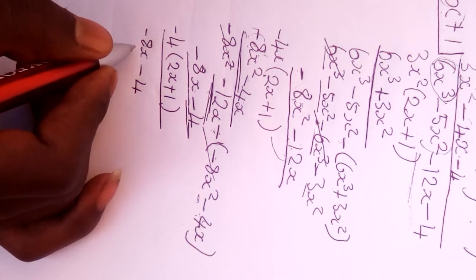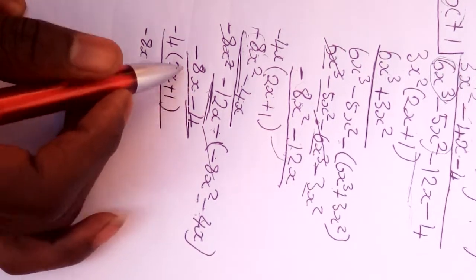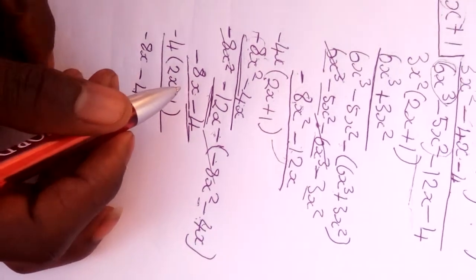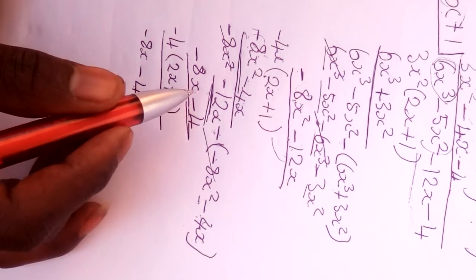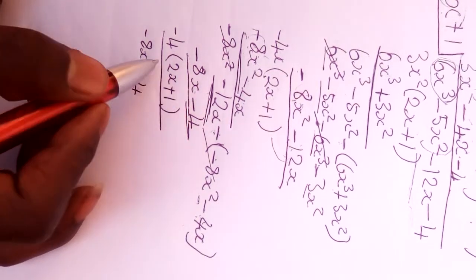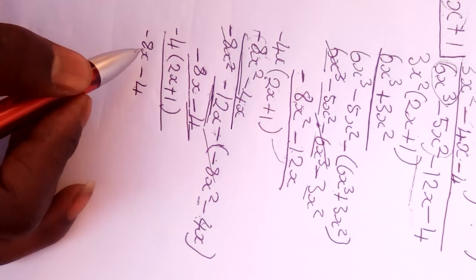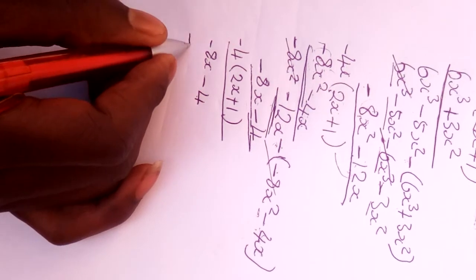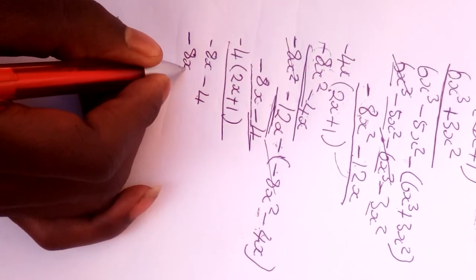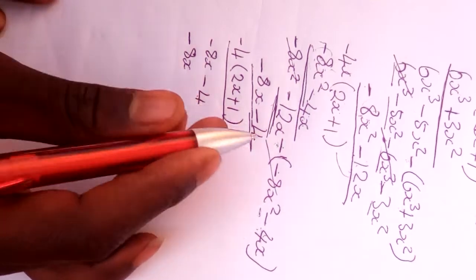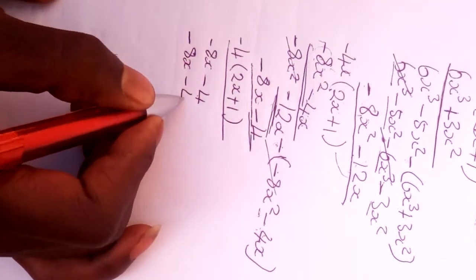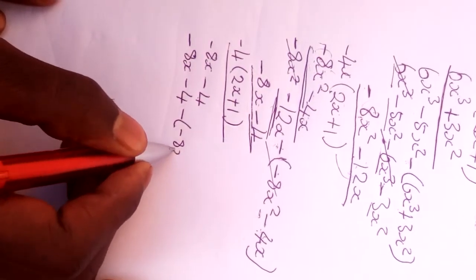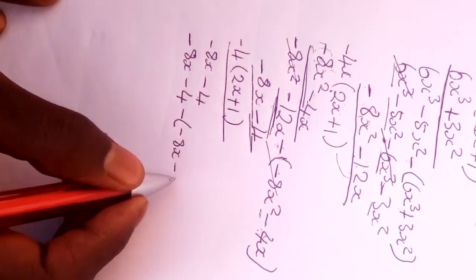Then again we subtract this from this, because they are like terms, so we can cancel these values. We subtract this answer from this answer: negative 8x minus 4 minus negative 8x minus 4.